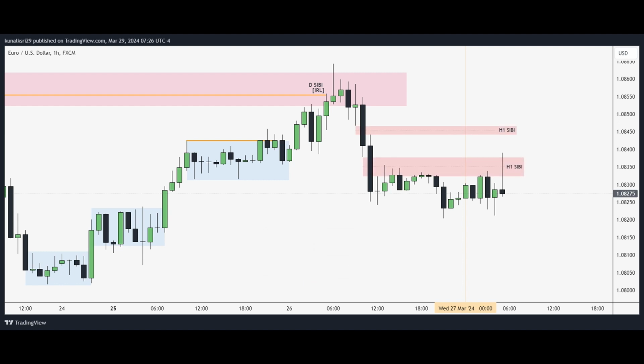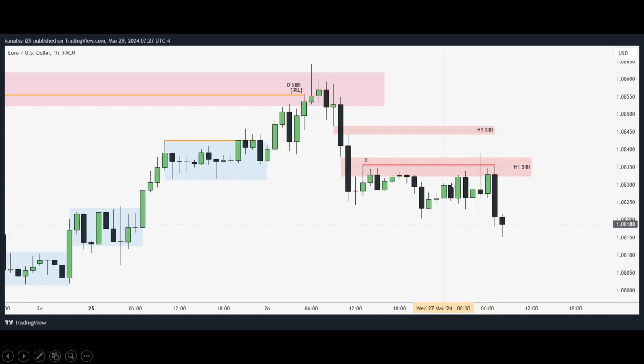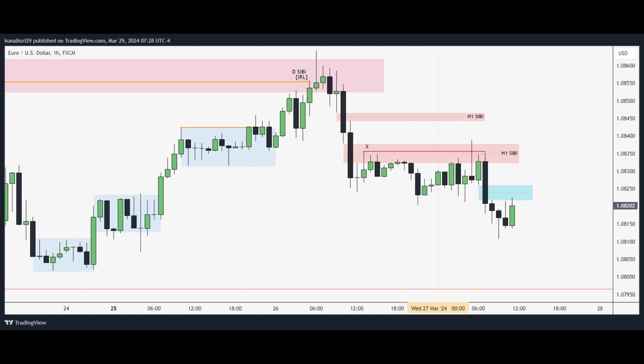so you can see we have this H1 sell side imbalance to bearish fair value gap, and right now we are rejecting from this H1 bearish fair value gap, right? So I'm not taking any trade on Wednesday, but I always look at what the market is doing basically. Okay, so on Wednesday you can see we grabbed this high basically and traded lower, displaced lower with a fair value gap.